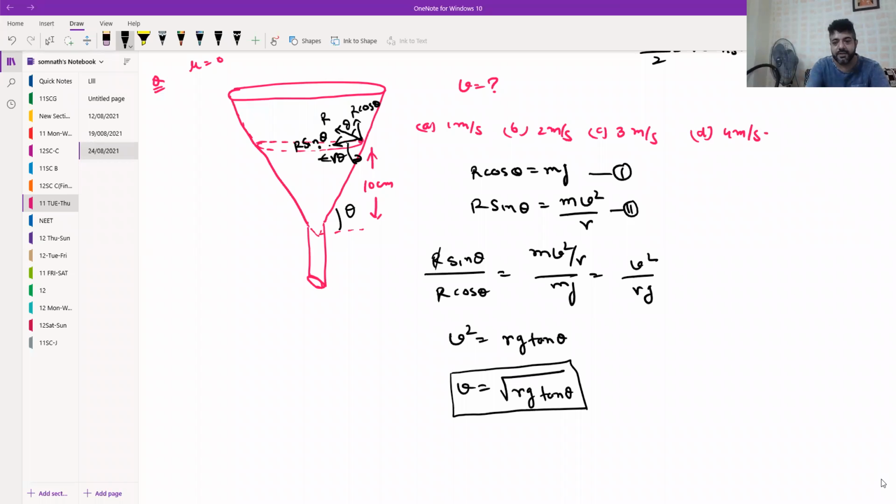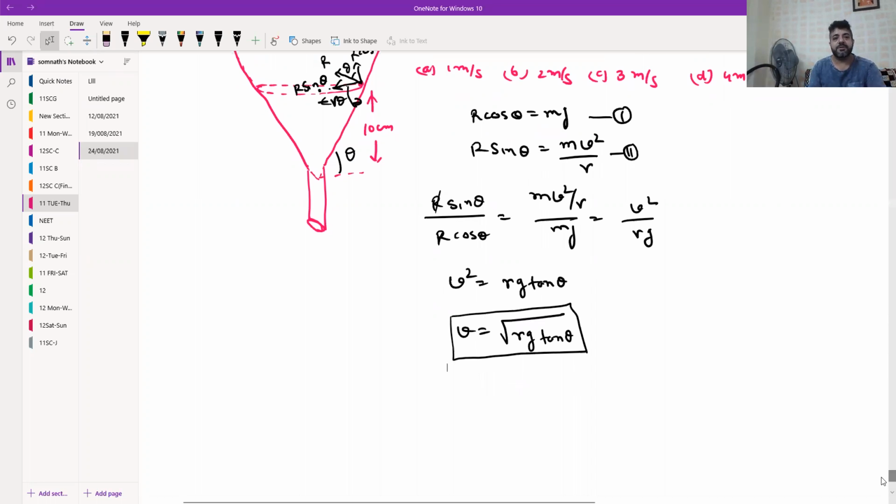Now see here, let the height be h. If this angle is theta, tan theta is height by radius.